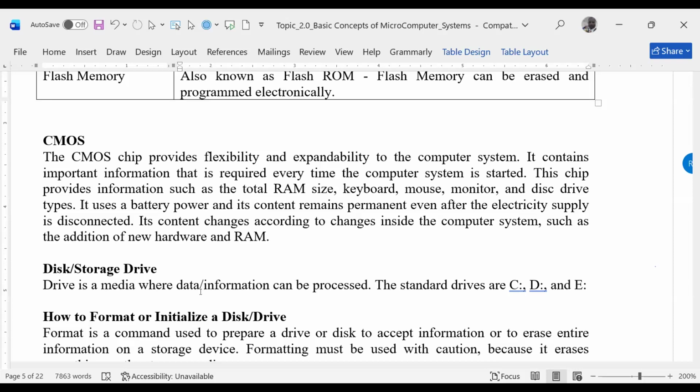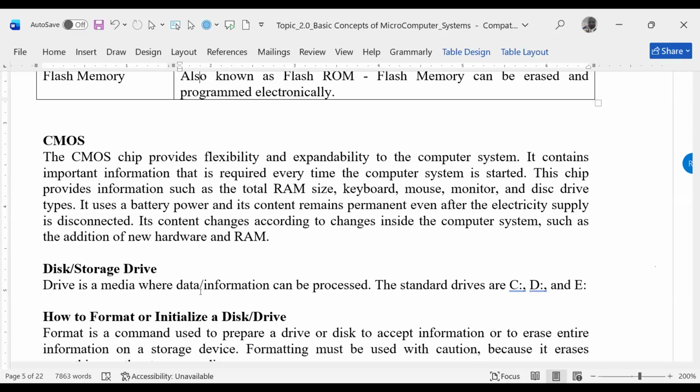You can connect your phone and a lot of devices to your computer. And the possibility is provided by the CMOS. So it's the CMOS that gives you flexibility, expandability, or compatibility between your computer system and other devices.